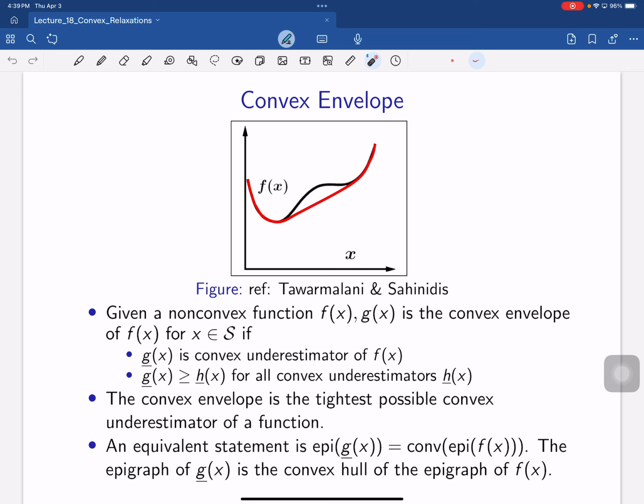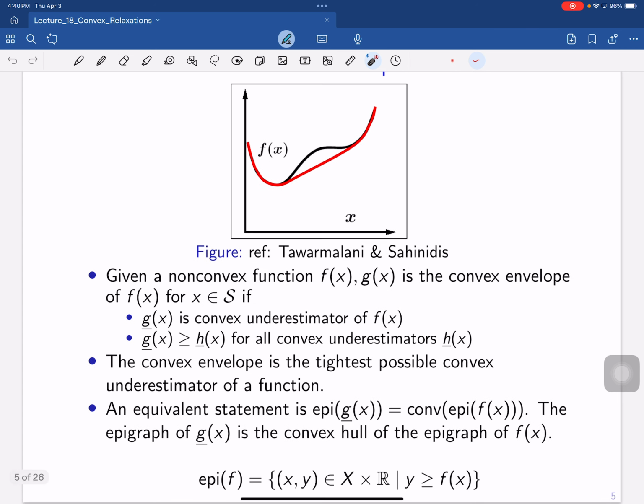If you move a little bit above this red curve, you are going to either end up with a non-convex function or you end up cutting off some of the black curve. So how do you describe this phenomenon mathematically? The way to describe that is through something called the convex envelope.